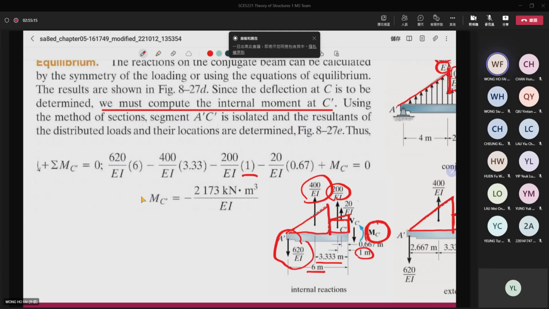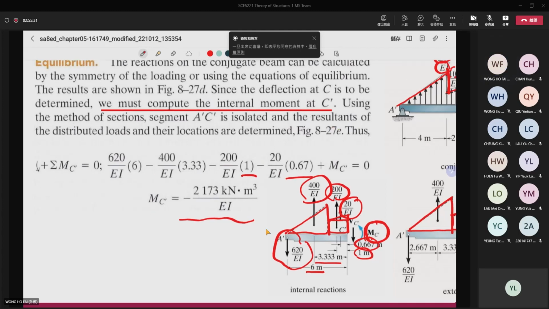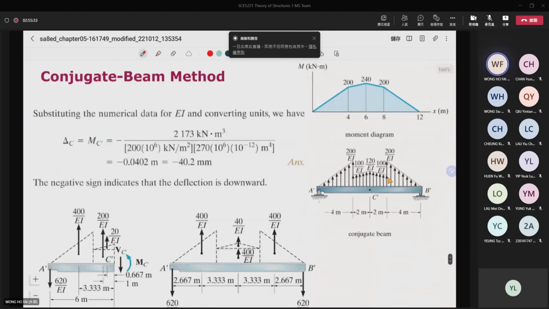And then you have 20 over EI here, and then times the moment arm 0.66 here, or we can call that 0.67. Then you can find your moment is equal to 2173 kNm cubed over EI. And then you substitute the values of EI here. Then you can find your deflection, 40.2 mm.